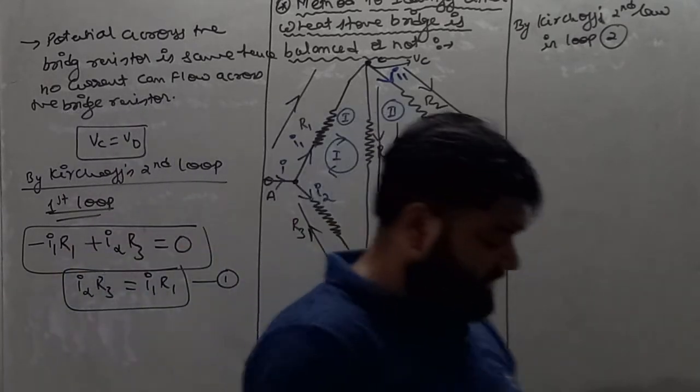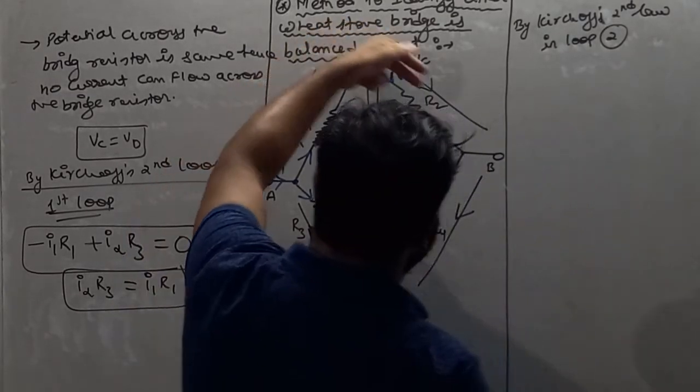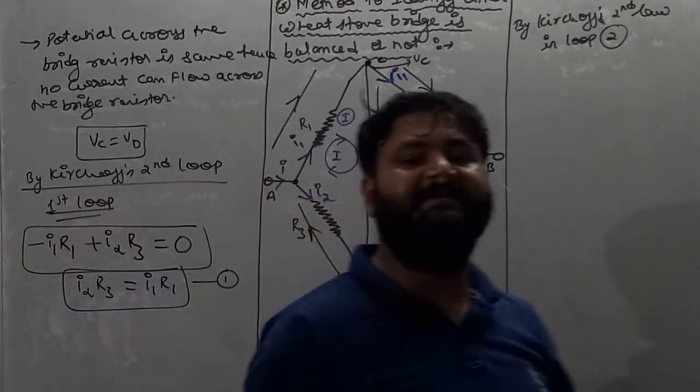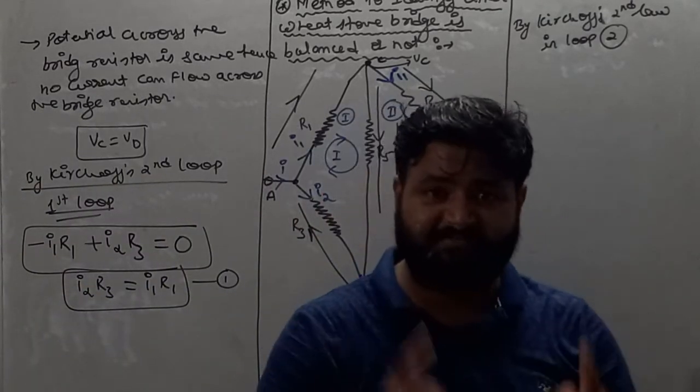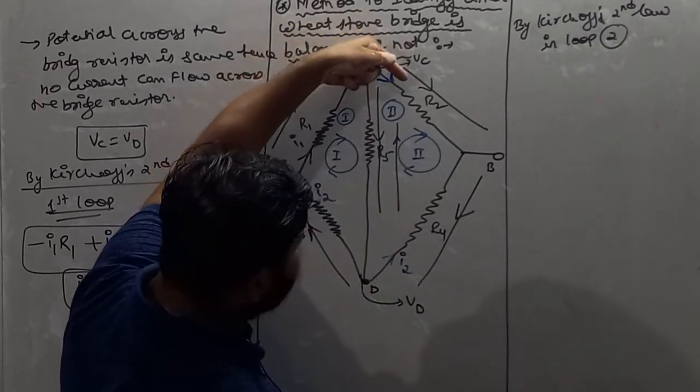As we know, Kirchhoff's second law says the potential difference across every circuit element in a closed circuit must be equal to 0, and we know that if my direction and current direction are the same, then I'll write minus IR. If my direction and current direction across the resistor are different, then I'll write plus IR. So see, I am moving in this direction.